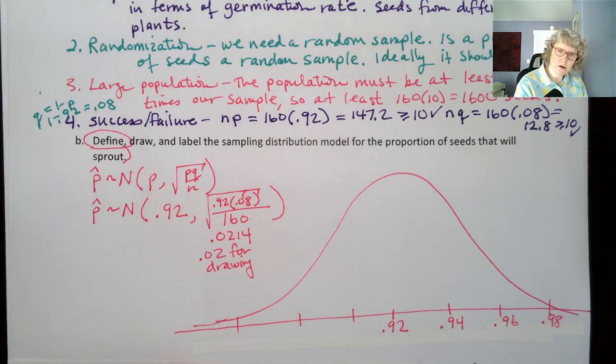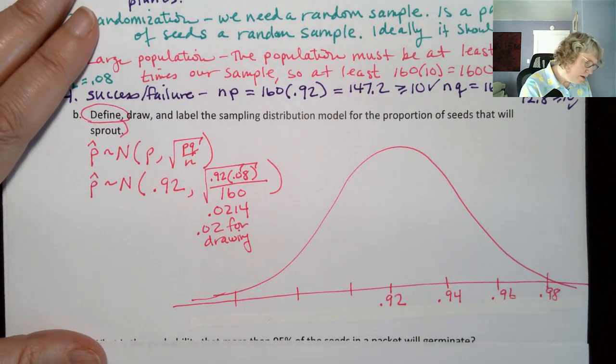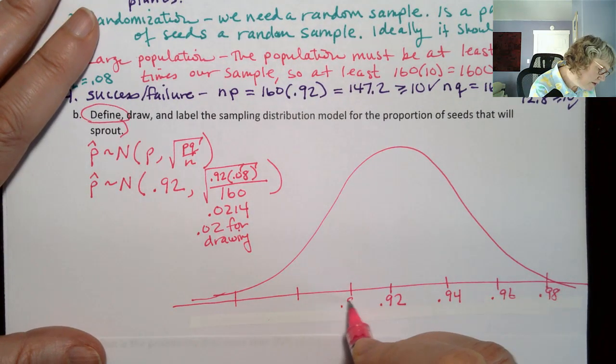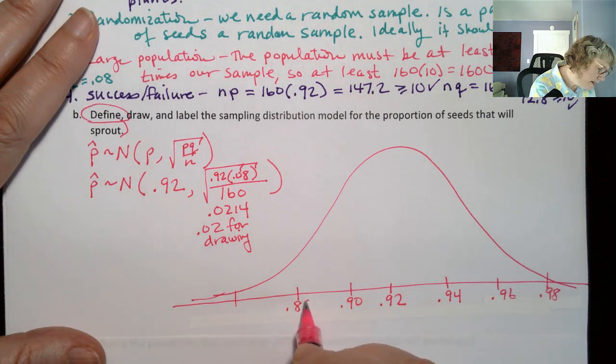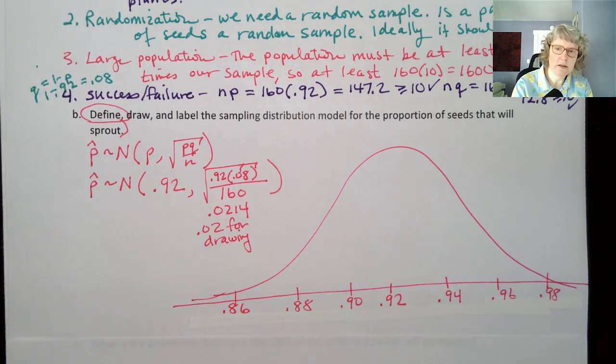And then we're going down to the left. Let me scoot this up a little bit. That would be 0.90, 0.88, 0.86. Okay, so that is approximate, right? But that's okay. We'll be getting our probabilities from Staplet anyways.